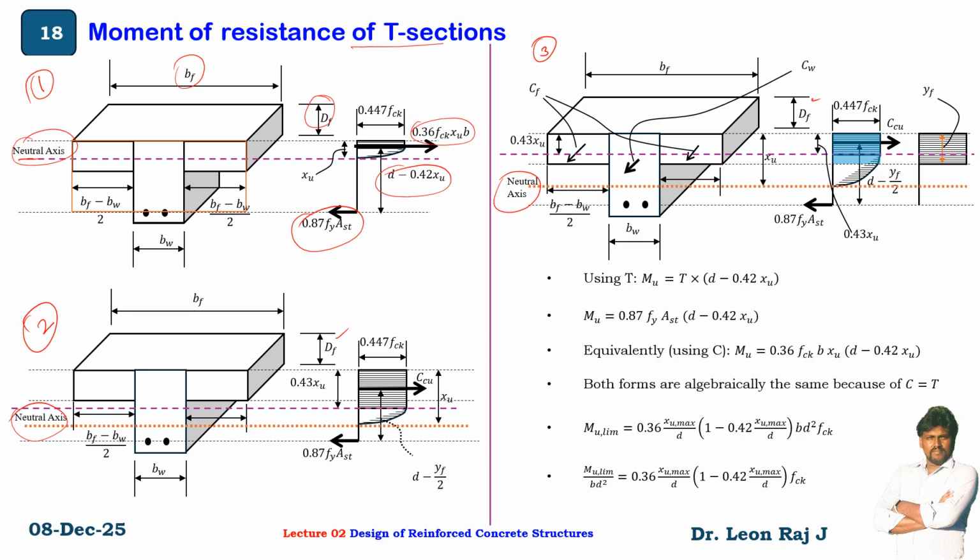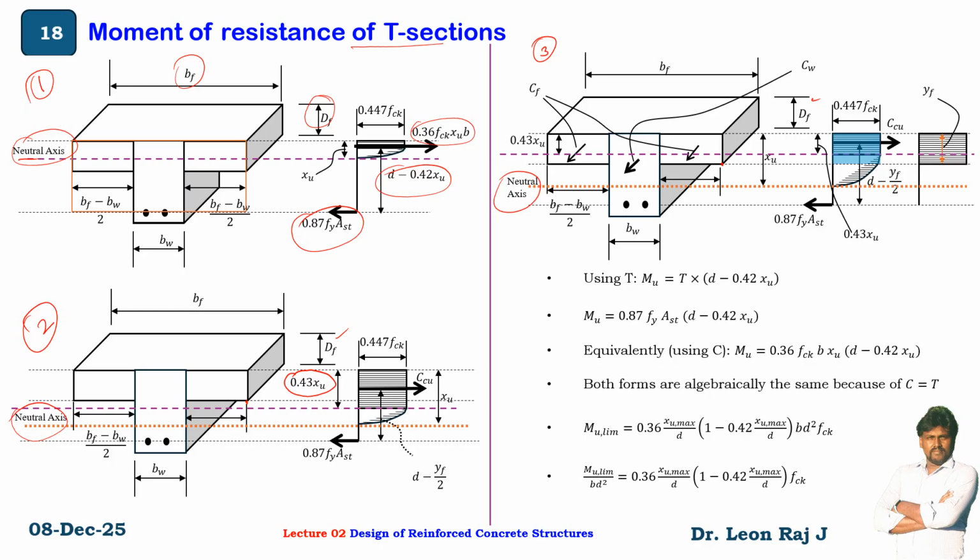In these two cases, we check whether the depth of the flange is less than 0.43 xu or not. That means whether the rectangular portion falls within the flange or beyond the flange portion. So these are the three cases.